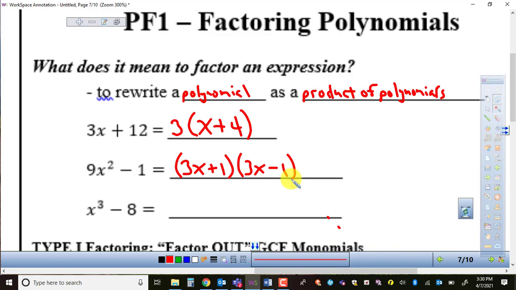And x cubed minus 8 could be written as the product of the factors x minus 2 times x squared plus 2x plus 4. So we've taken a polynomial and we've written it as factors, or the product of polynomials.